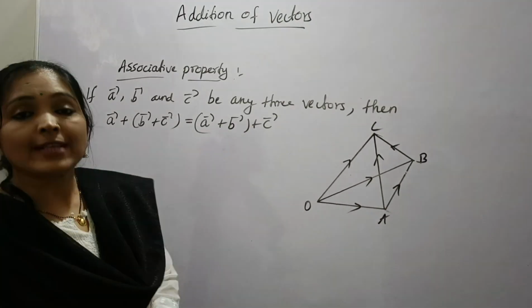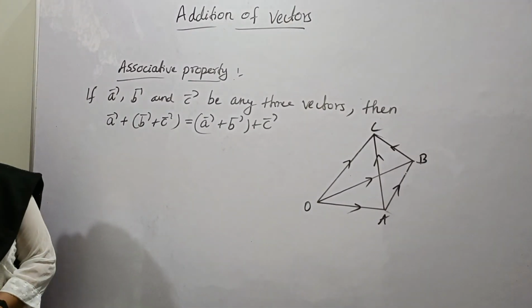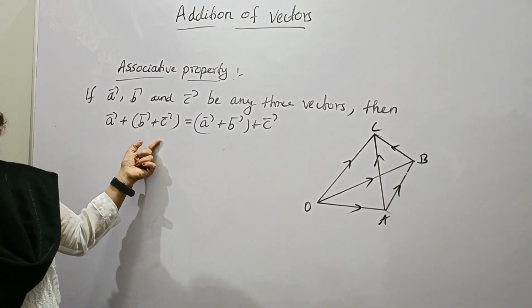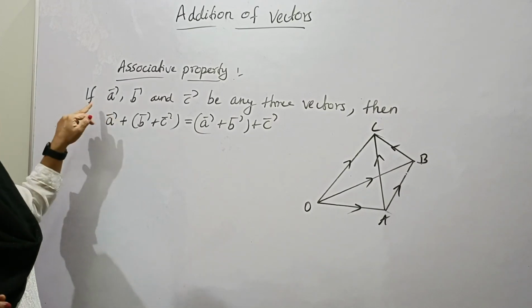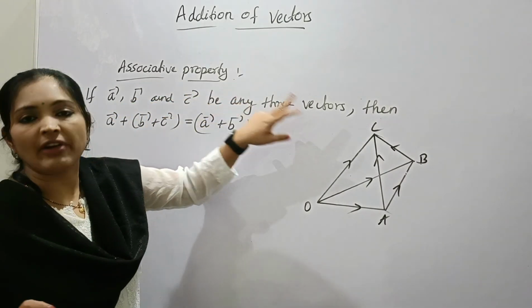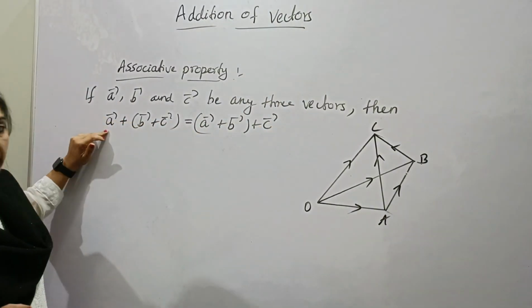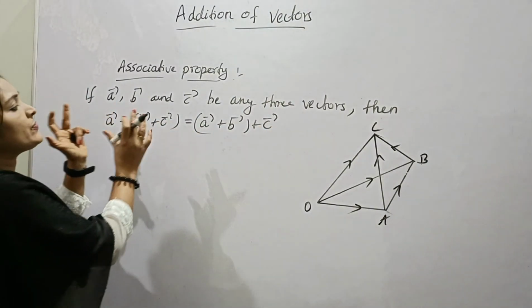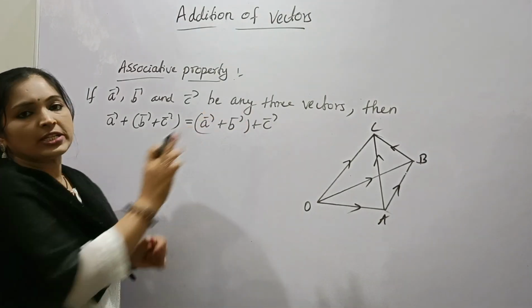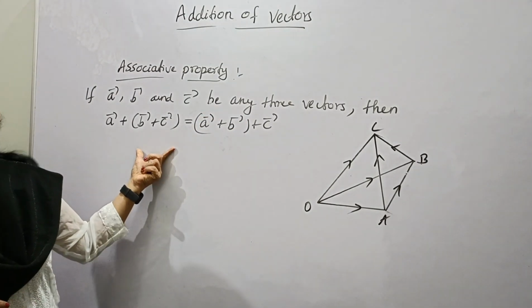Next is the second one, the associative property. Very important. Here we have to prove that vector addition is associative. That is, if vector A, vector B and vector C are any three vectors, then (A + B) + C is equal to A + (B + C). This one we have to prove.